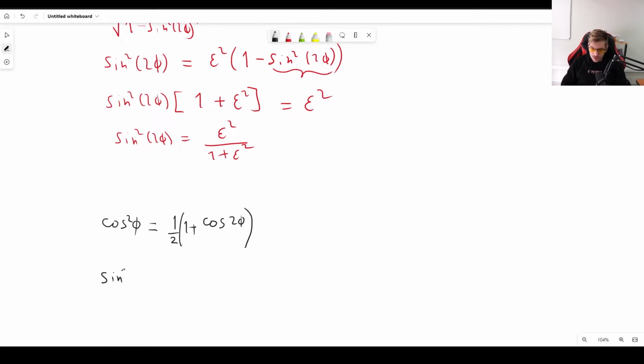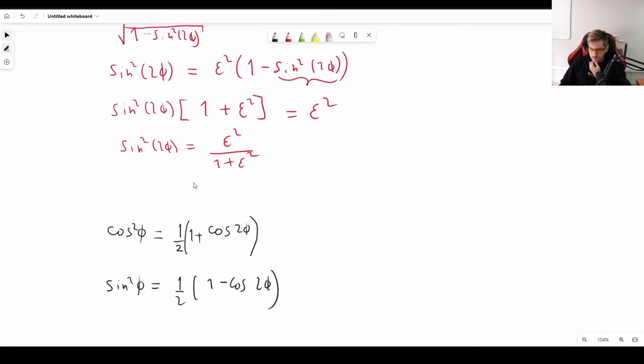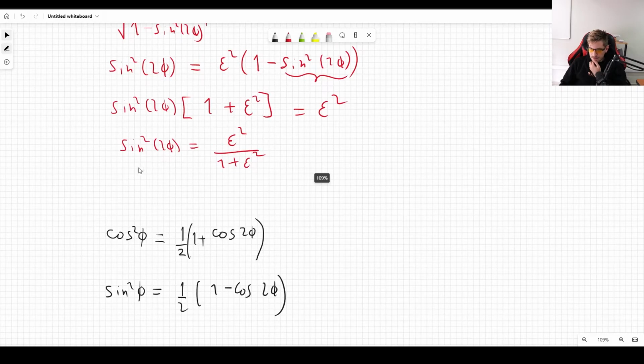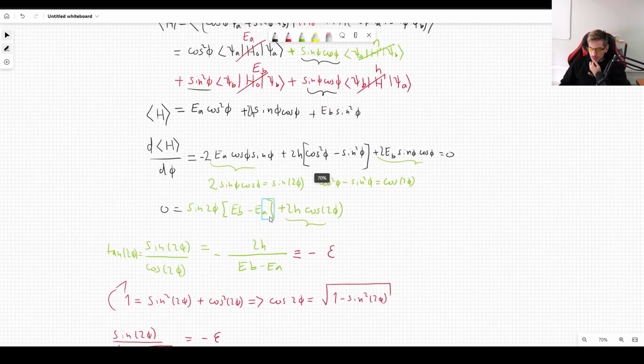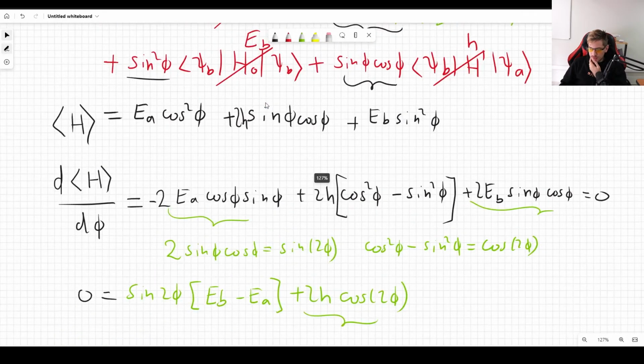And similarly for sine squared of phi, this is 1/2 of 1 minus cosine of 2 phi. So if we find cosine of 2 phi, we can then plug it in and find both cosine squared and sine squared, which would be very, very good. So that way we could find cosine squared and sine squared to plug in here.